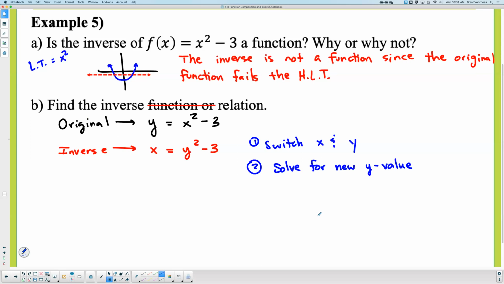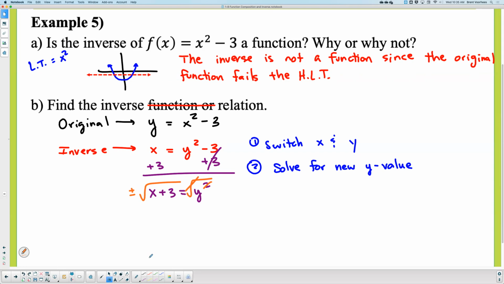So how could I solve for y here? How do I get this y isolated? Let's add 3 to both sides. So it'd be x plus 3 equals y squared. One more step. Square root both sides. Now, whenever you add a square root that's not originally there, it needs to come with a plus or minus.